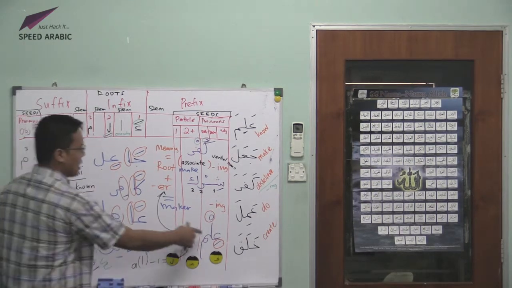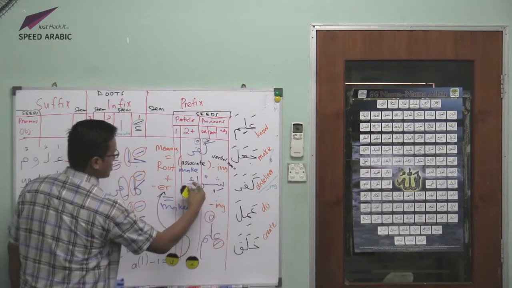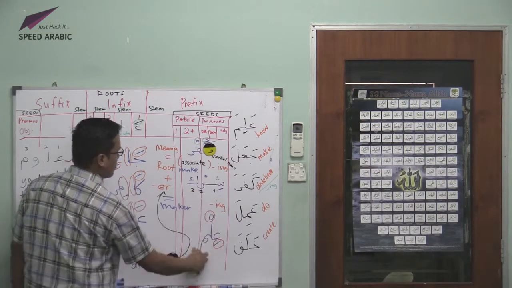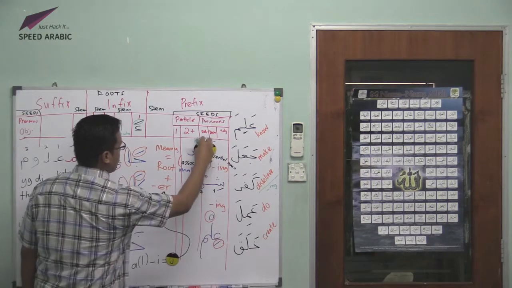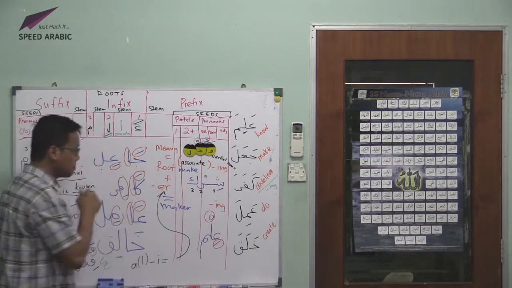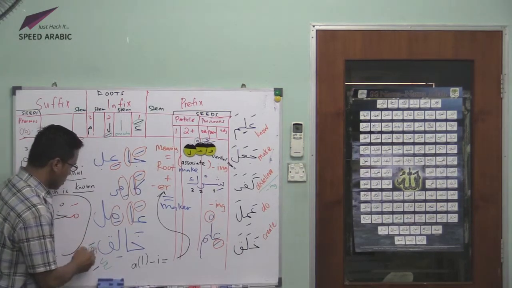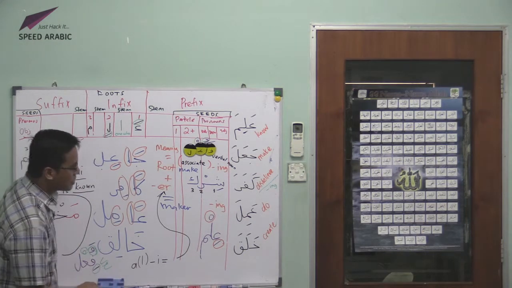So now you have fi'il for ilm and shirk, and fu'ul for kufur. So we have one more. What is the one more? The other one? Fa'al, right? So you have the dhamma, and then you have the kasra.